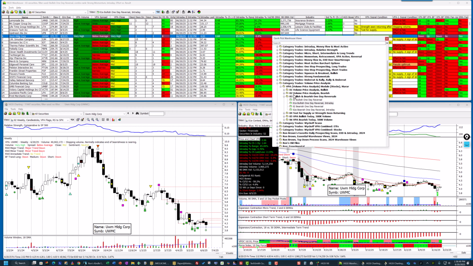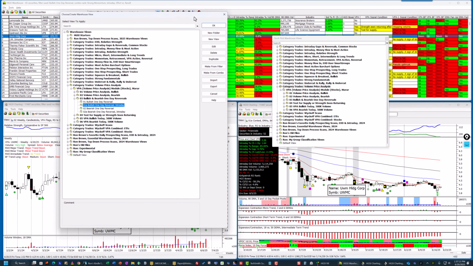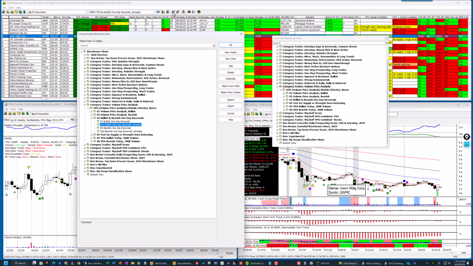Now, what I want to point out to you today, I'm going to be talking about bullish and bearish one-day reversals and tests for supply or strength seen returning. These two folders, number 3 and number 4, are in the category of volume price analysis. But since I made a few changes and I want to make sure your files are the same as mine, just bring up the Choose Create Warehouse view.